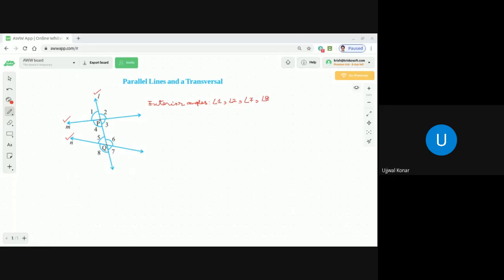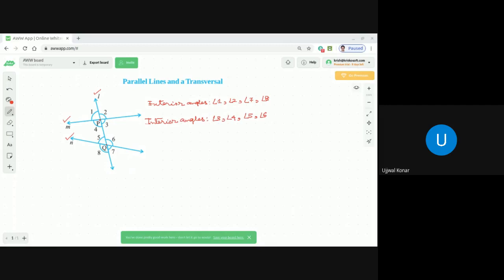These four are exterior angles. And the other four, that is 3, 4, 5, and 6, are called interior angles.